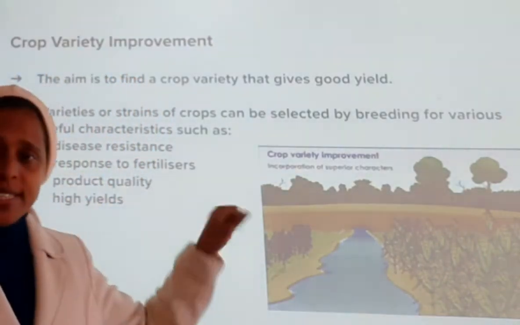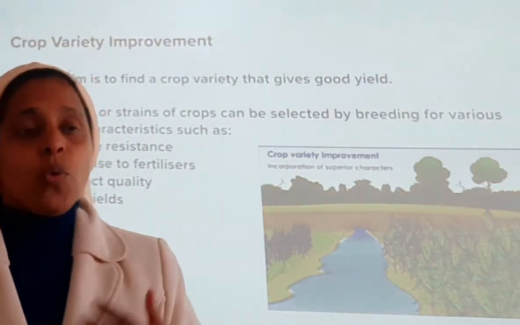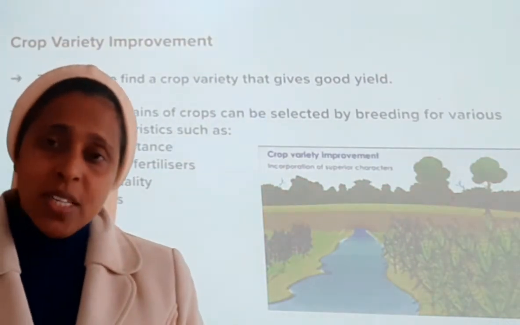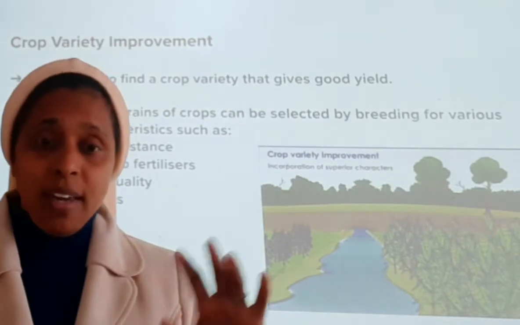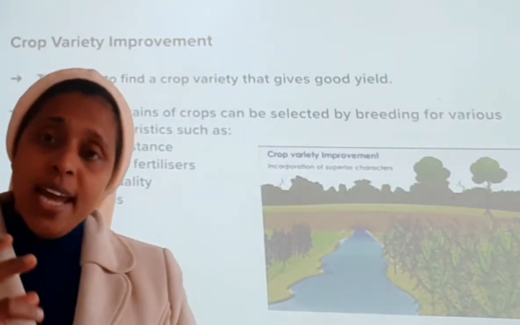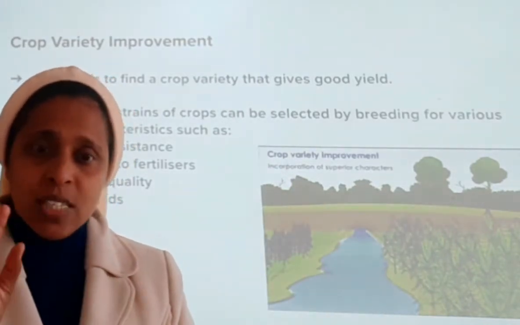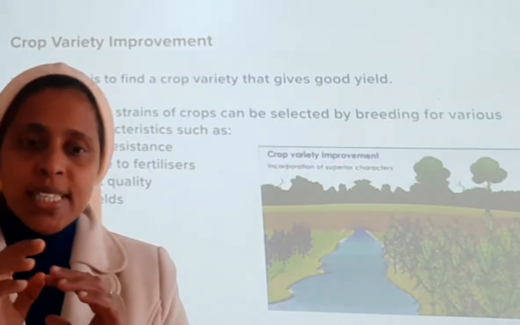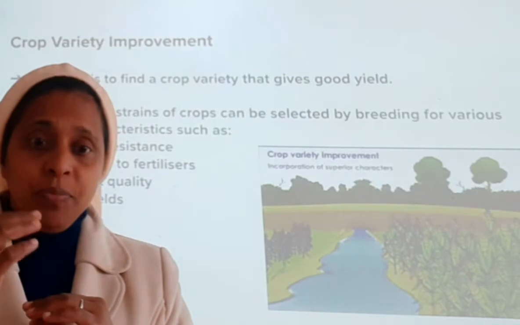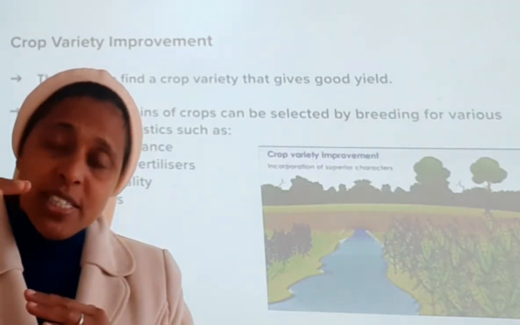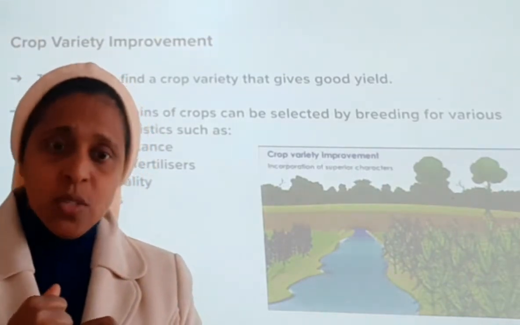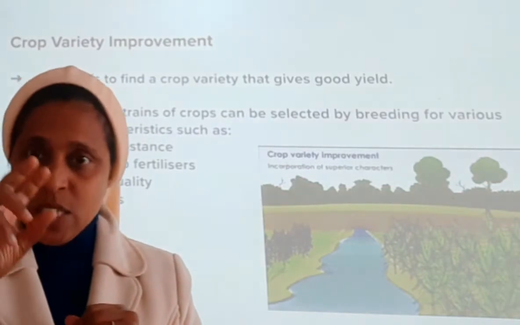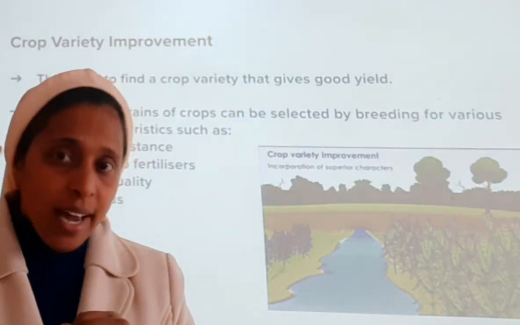And the next point is product quality. So what is product quality? We may think that this rice is okay, this is okay, but we should have quality one. The product should be of quality one. So we want a crop of high quality, having high nutrition.